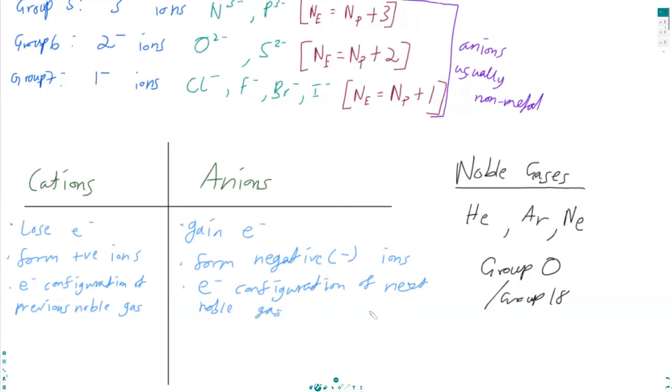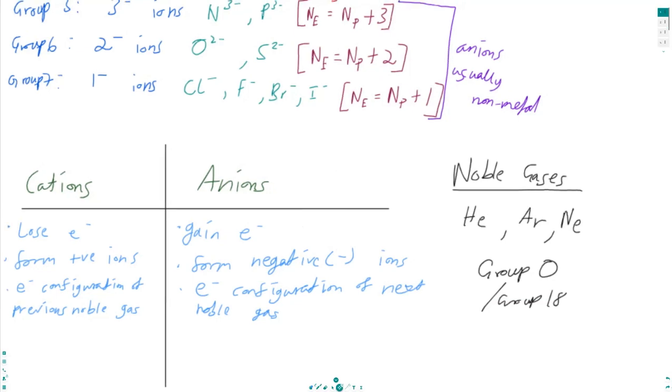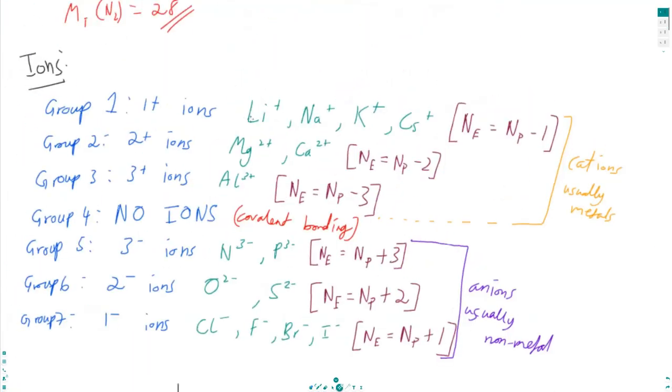So for instance, if we look at lithium, lithium is a positive ion. If we look at the picture of the table, it's in period 2.